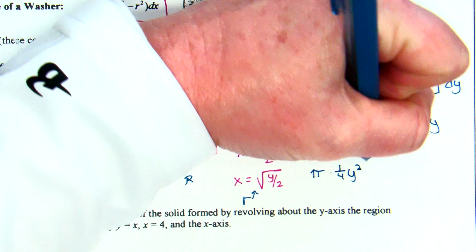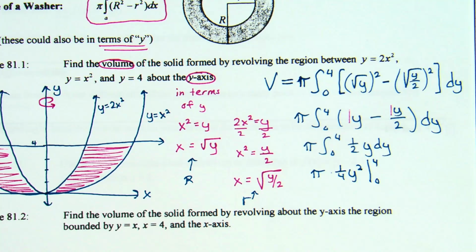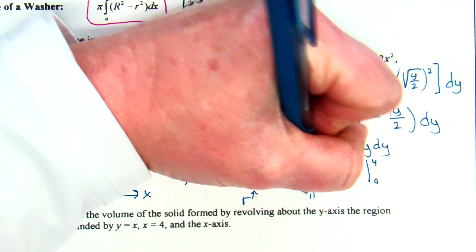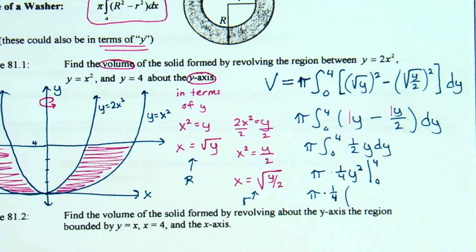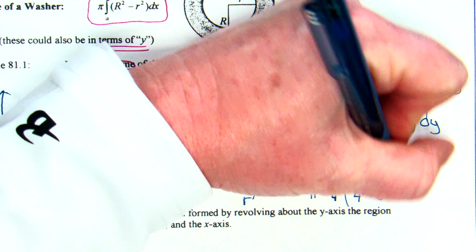If you want to make life easy on yourself, keep the pi out front and keep the 1/4 out front because those are both constants. That's pi over 4 if you want. And then you're just plugging in for y squared, so 4 squared minus 0 squared.